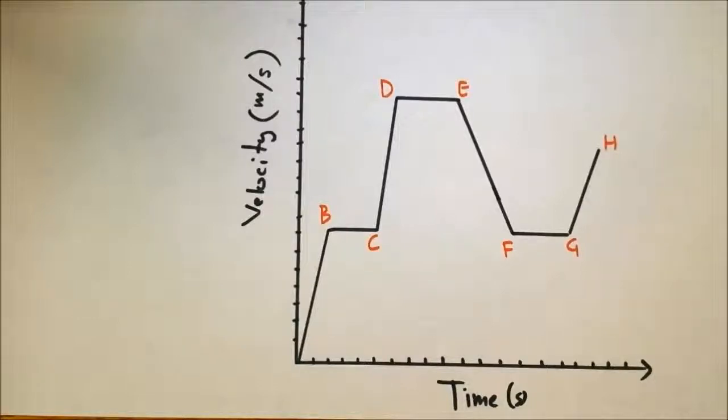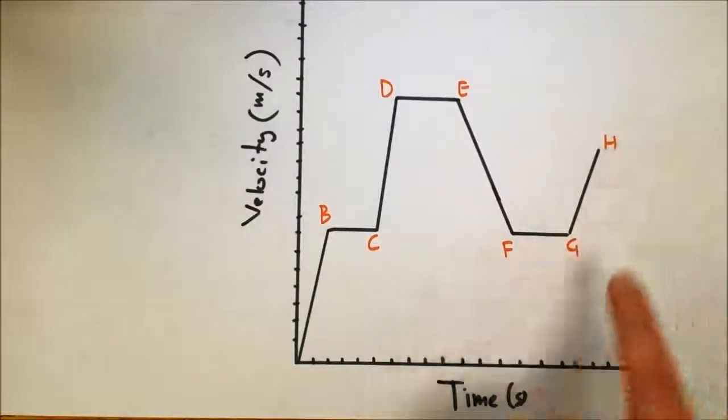From E to F, the brakes are being applied and the car is slowing down to about 20 meters a second. From F to G, again, the car is moving slower, but it's moving at a constant velocity with no acceleration. And from G to H, the car accelerates again, getting up to 30 meters per second.